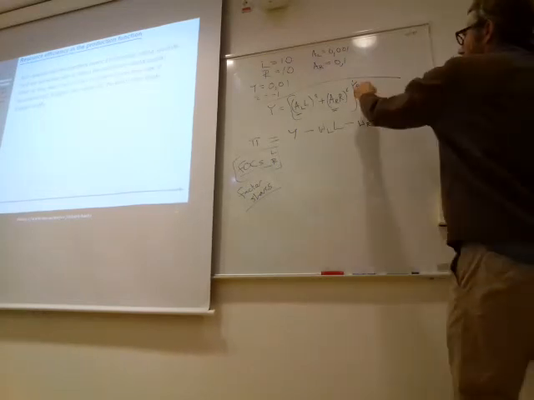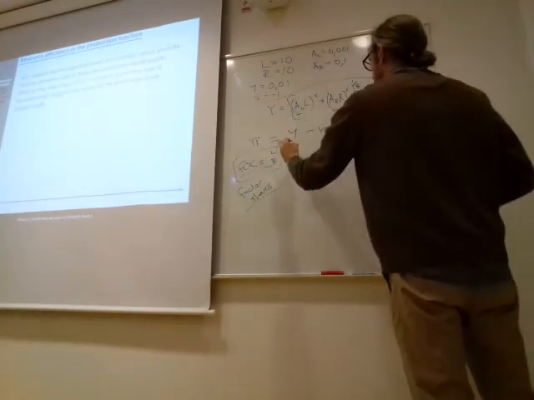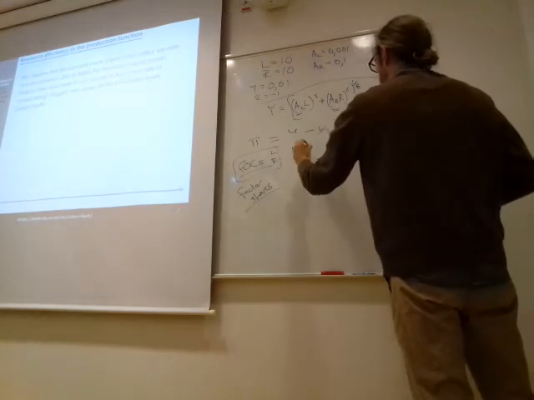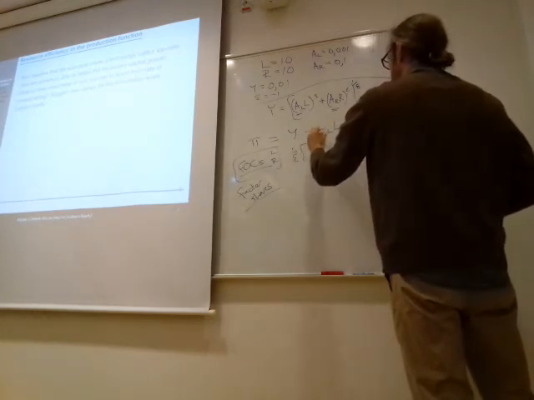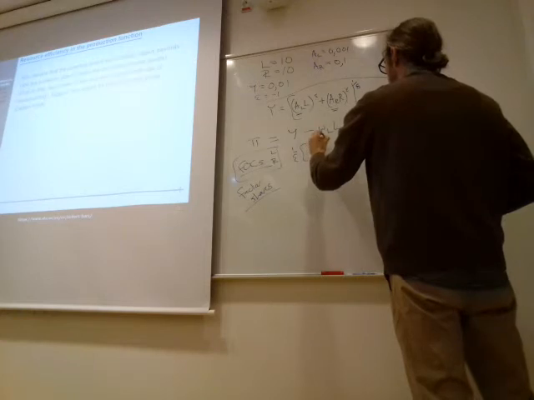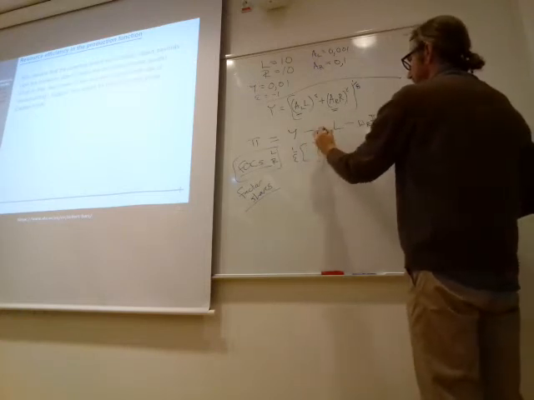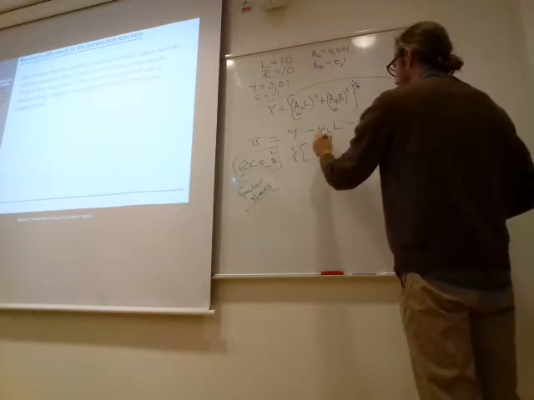But yeah, we end up with 1 over epsilon times whatever was in the square brackets to the 1 over epsilon minus 1, which is the same as 1 minus epsilon over epsilon.